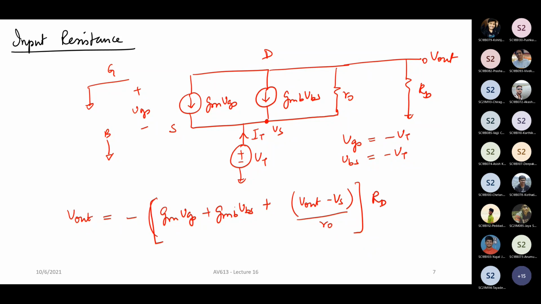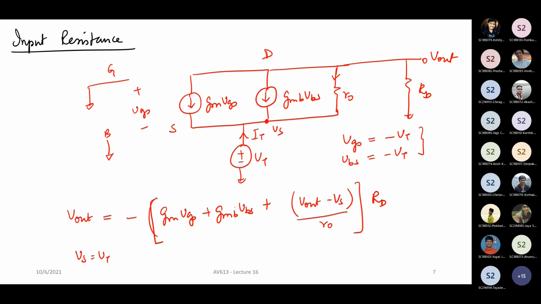This is your output expression, correct? Because the current through R naught is nothing but V out minus Vs by R naught. Now substitute these two expressions here. Or rather Vs is nothing but Vt.